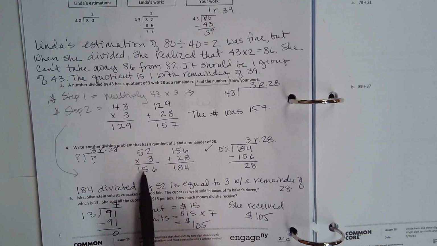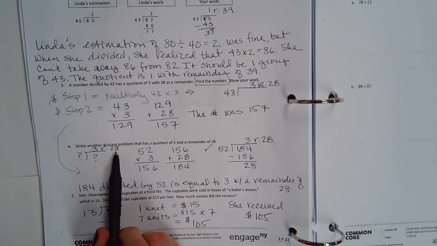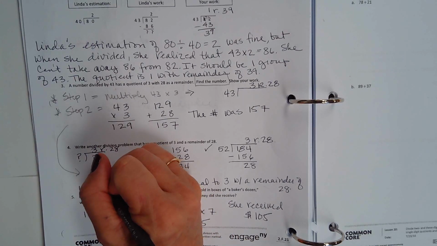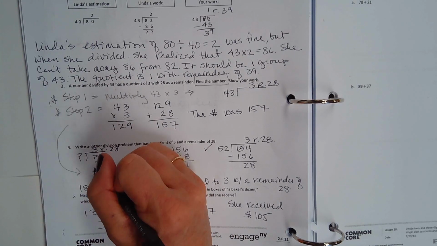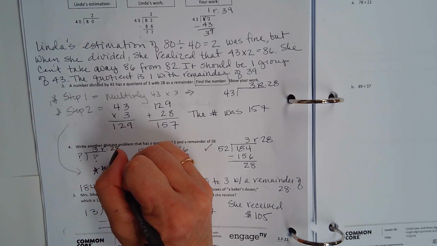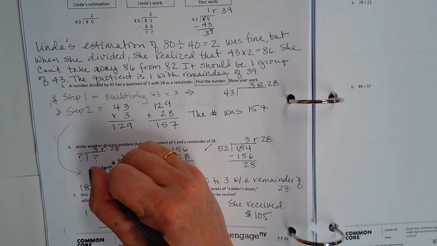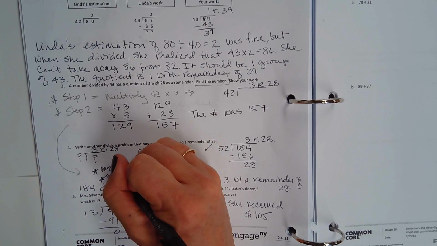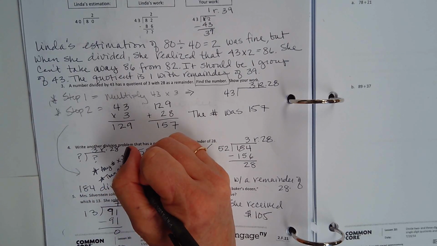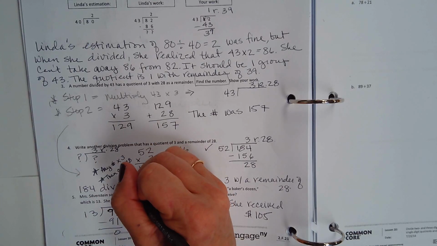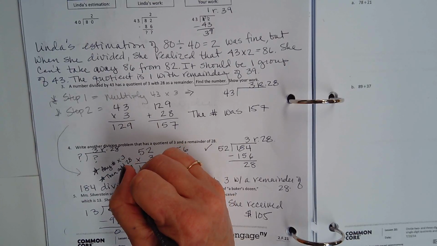You could choose any numbers, right? So something times 3, then you add 28. So any number multiplied by 3 and then add 28 gives you your new dividend.